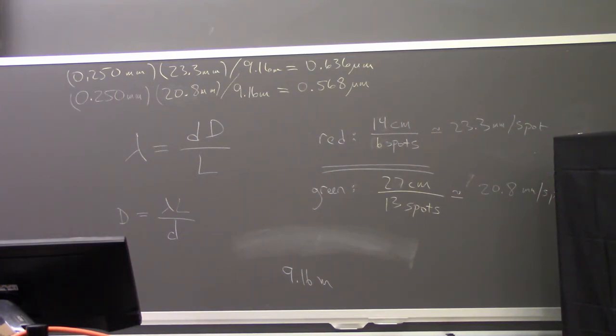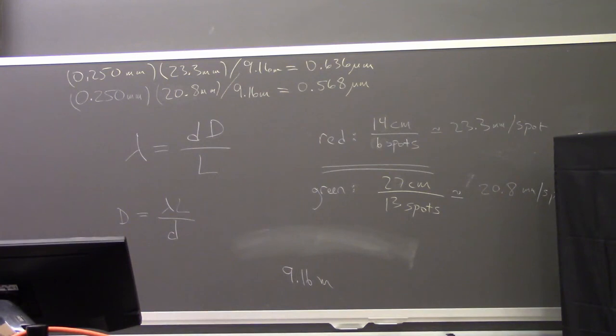And then for the green case, 0.250 millimeters for the slit separation times 20.8 millimeters for the green spot separation, edge to edge, and then divided by, again, the distance, 9.16 meters from the slits to the screen, and I got 0.568 micrometers, which is 568, so you say 570 nanometers. And for the green, 543 is the established answer for green, and I think 630 is the established answer for red. That was pretty good, actually.